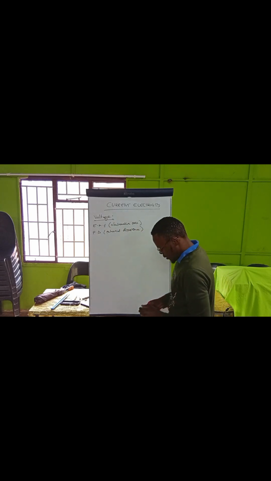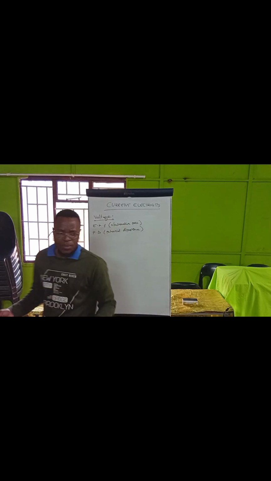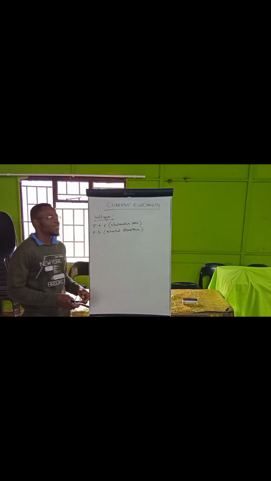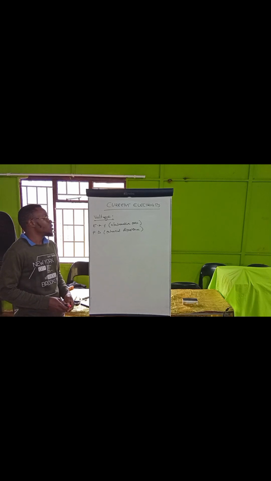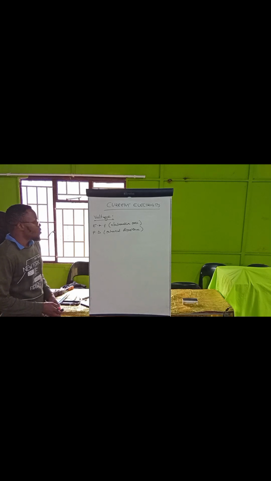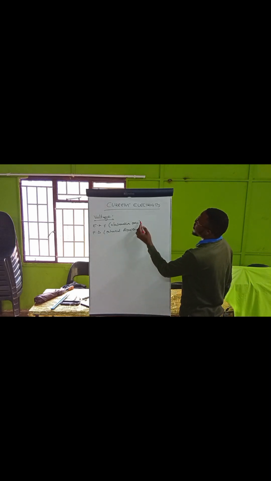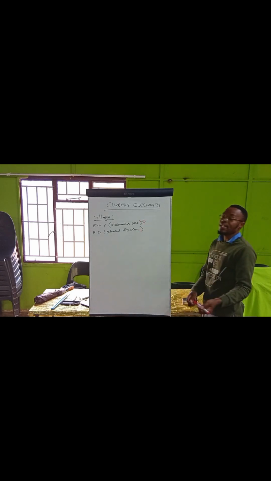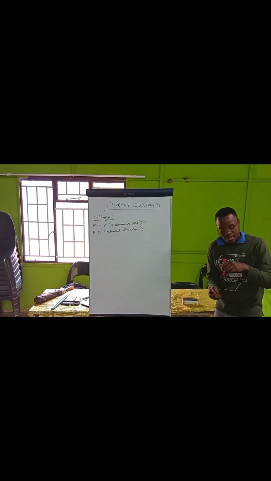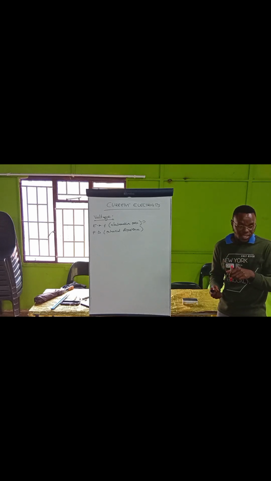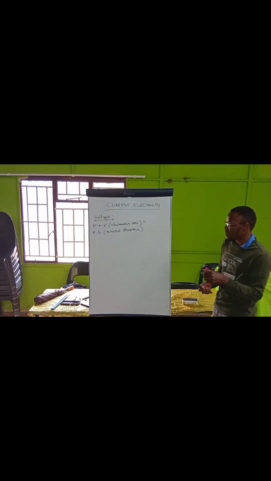So what is voltage? In simple terms, voltage is the source of current. So in other words, you cannot have current without voltage. Now, it is divided into two because the electromotive force is the voltage that is still in the source in chemical energy state. What do I mean by that?